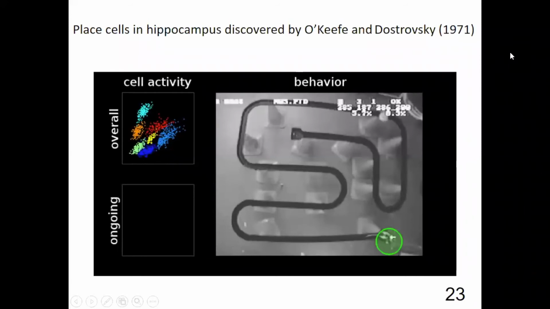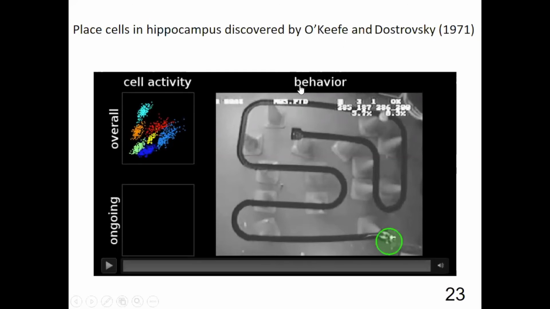In this video, we are looking at a recording performed by O'Keefe et al. And here is an image of a maze, and right here in the green circle is a rat. As the video plays, you will see the rat walk along the maze and follow the path.